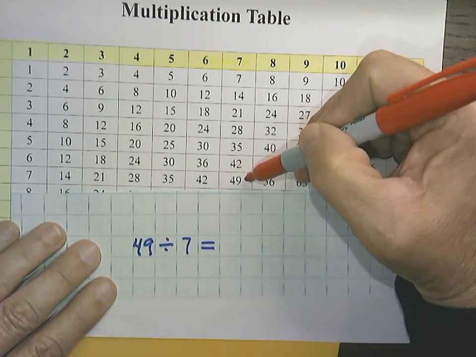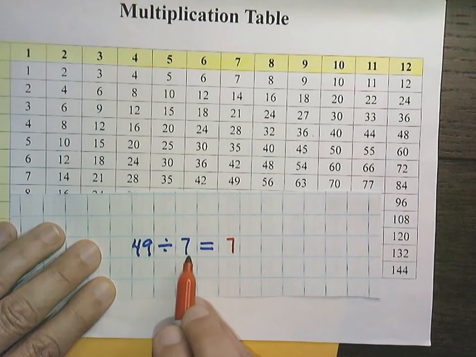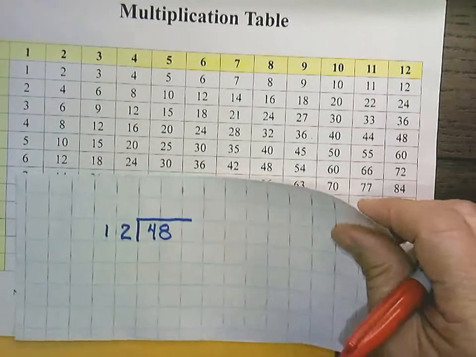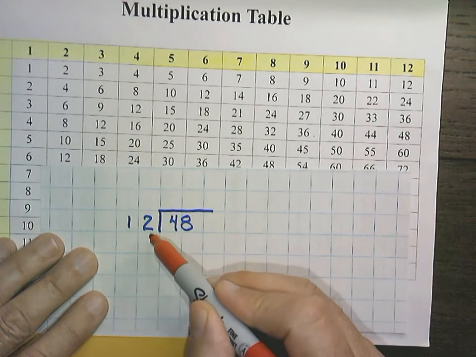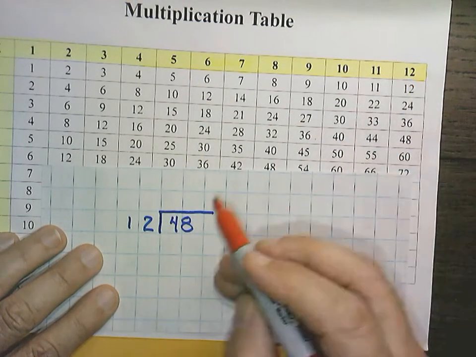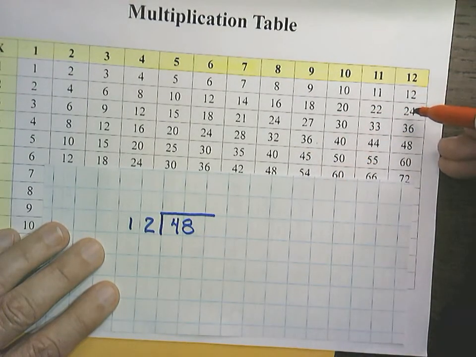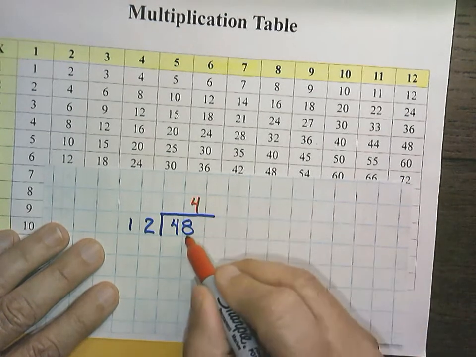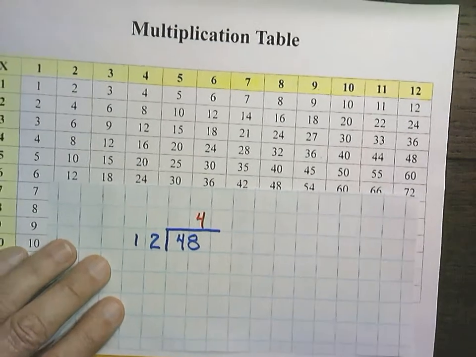There it is, 7. So 49 divided by 7 is equal to 7. 48 divided by 12. Am I going to find 48 up here? No, but I will find 12. 1, 2, 3, 4. So 48 divided by 12 is equal to 4.